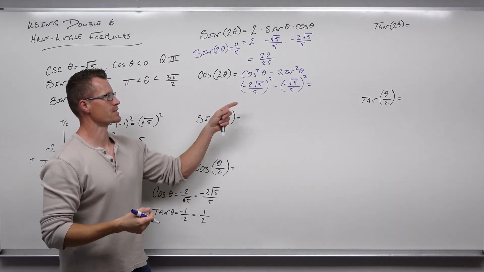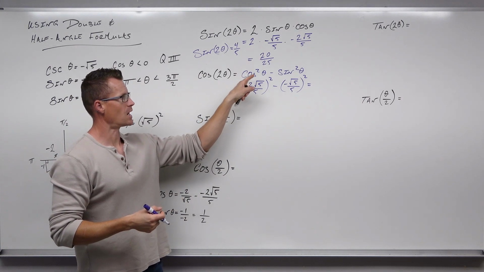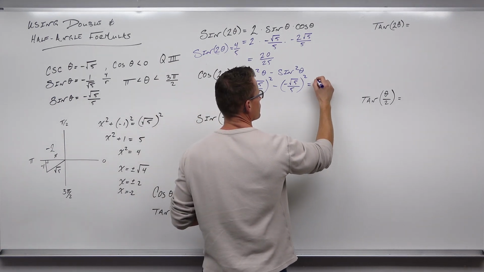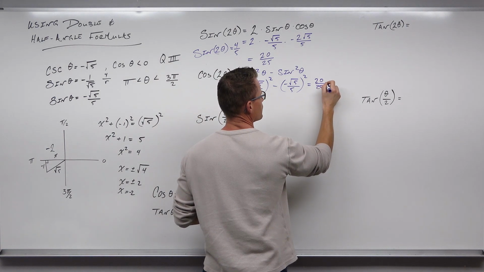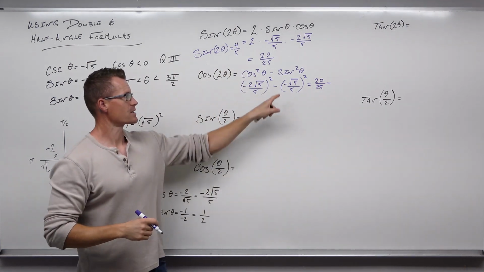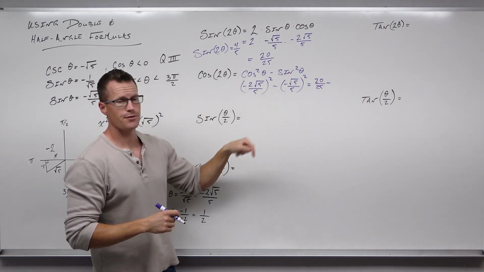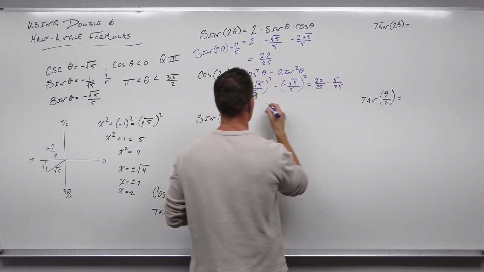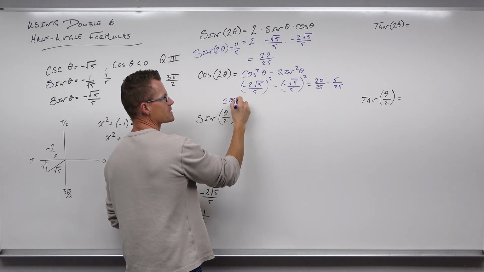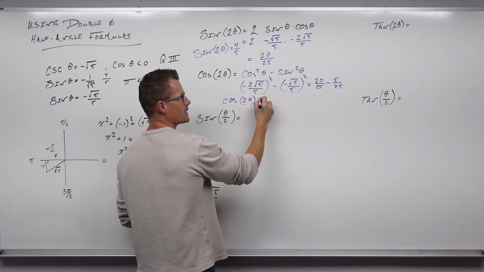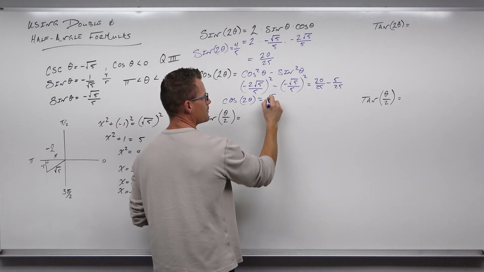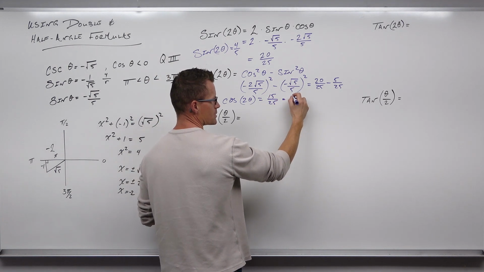What that's going to give us is positive 4 times 5, so that's 20 over 25, minus this will give us positive 5 over 25. And what that means is that cosine 2 theta is positive 15 over 25, or just 3/5.